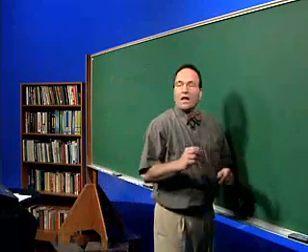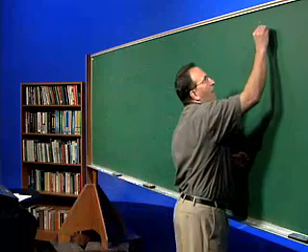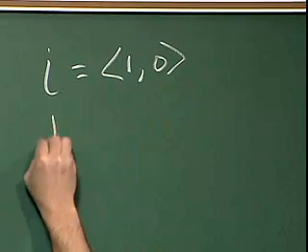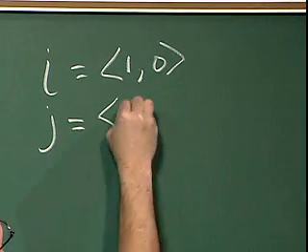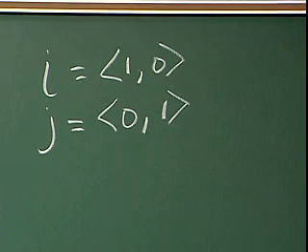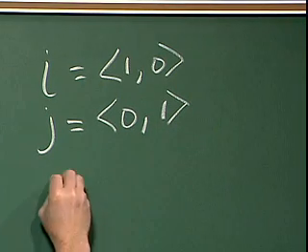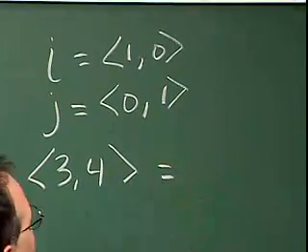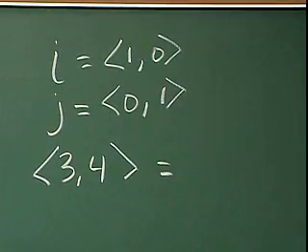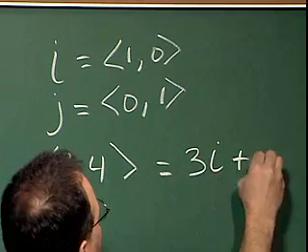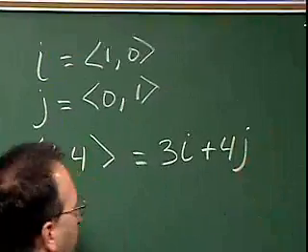So, I want to write that vector i is equal to 1, 0 and vector j is equal to 0, 1. And now we can take any vector, for example, the vector 3, 4, and I can write it as the sum of vectors i and j. It would be 3i plus 4j.